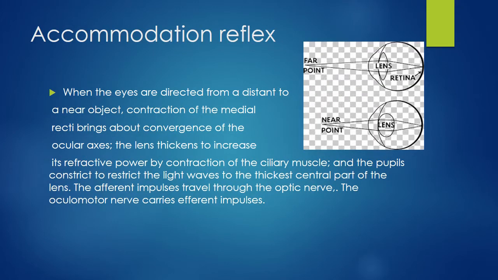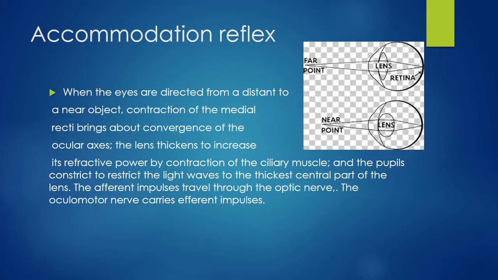The next is the accommodation reflex. When the eyes are directed from a distant to a near object, contraction of the medial recti brings about convergence of the ocular axes, and the lens thickens to increase its refractive power by the contraction of the ciliary muscle.